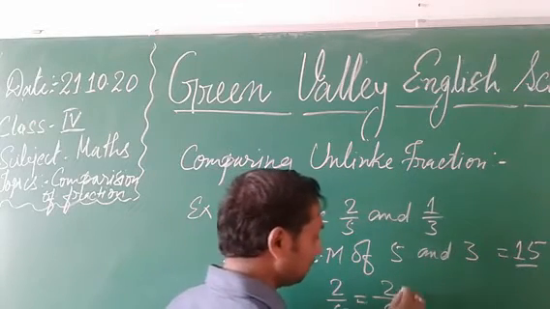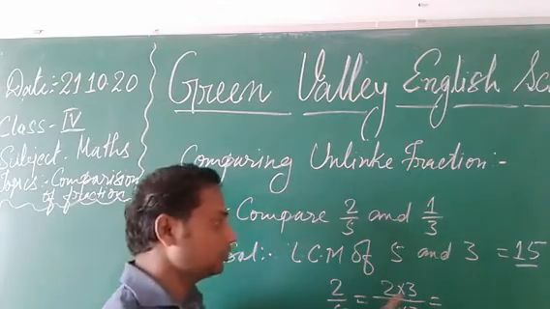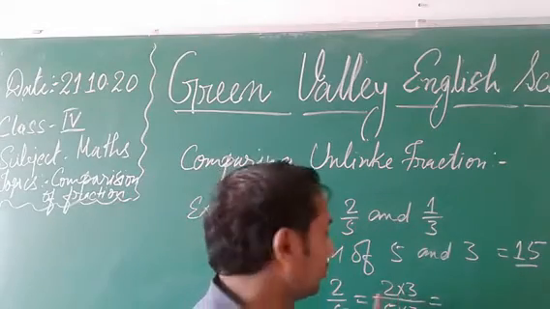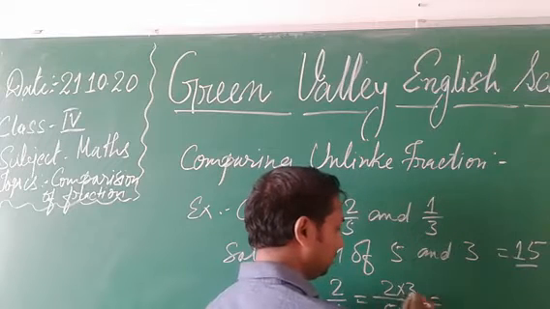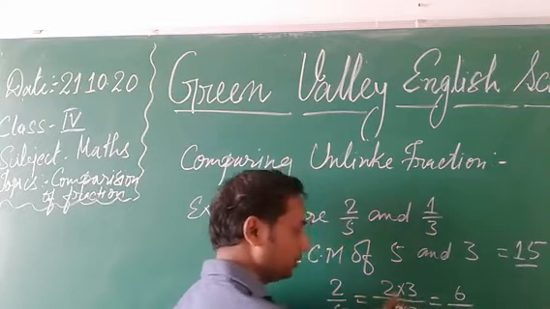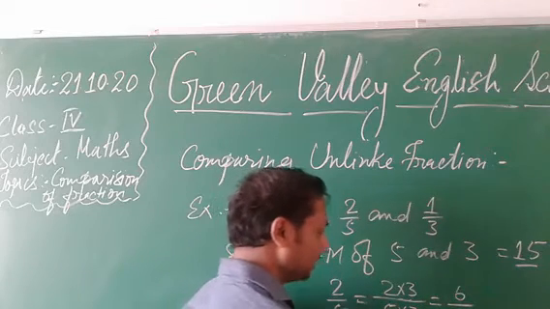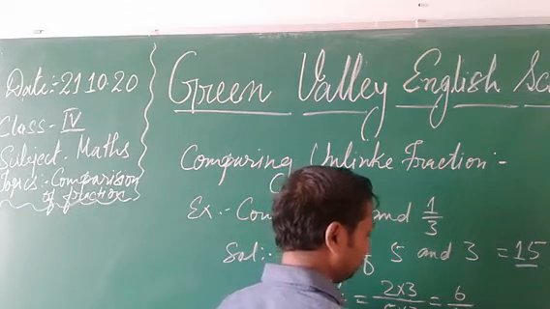With the same number, we also have to multiply by 3 in the numerator. So students, after multiplication, what will you get? 2 into 3, 6 you will get, and 5 into 3 we shall get 15.